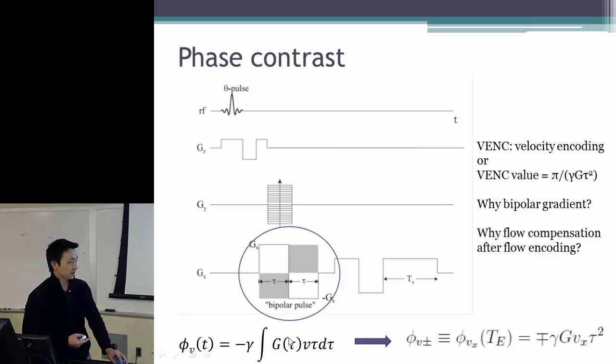So the idea is the same as we saw before, right? The phase developed is the integration of the gradient, the velocity, and the time.